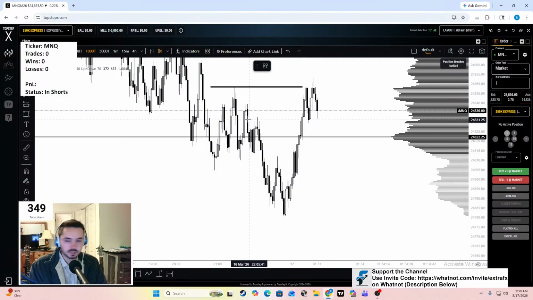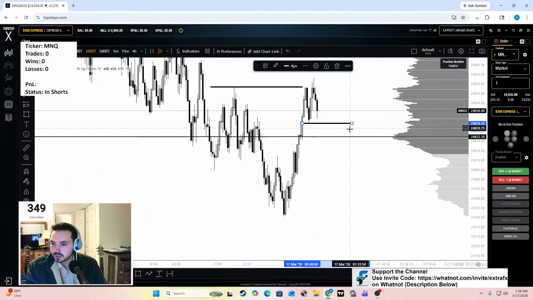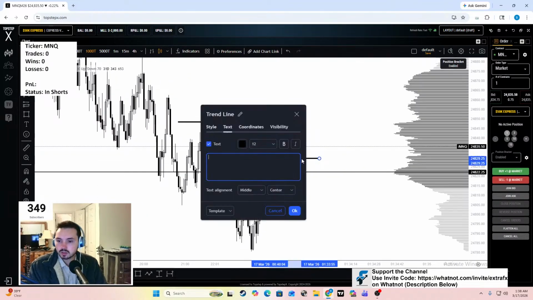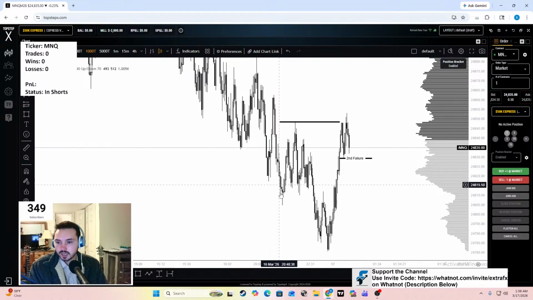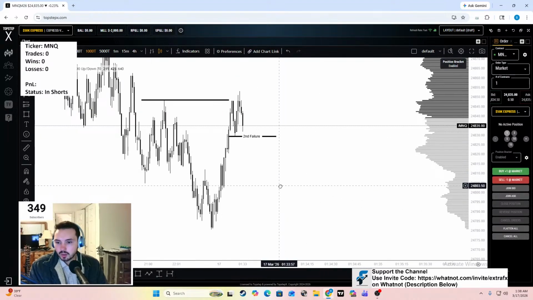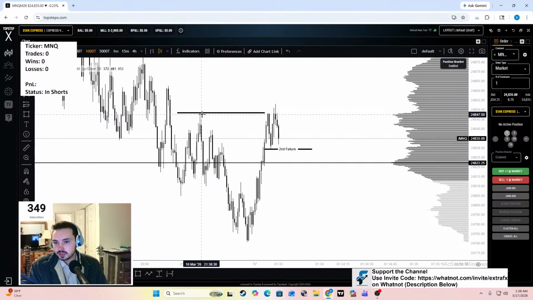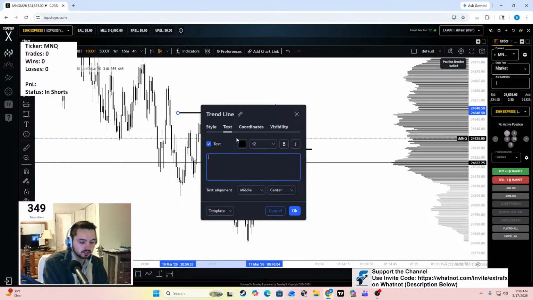So if I do see this come down here, I would want to see a hold. I want to see a second failure right here. All right. I like to see a second failure, and that gives me an indication that we're moving lower. But if this is a change of structure, so this is either acting as liquidity or a change of structure.